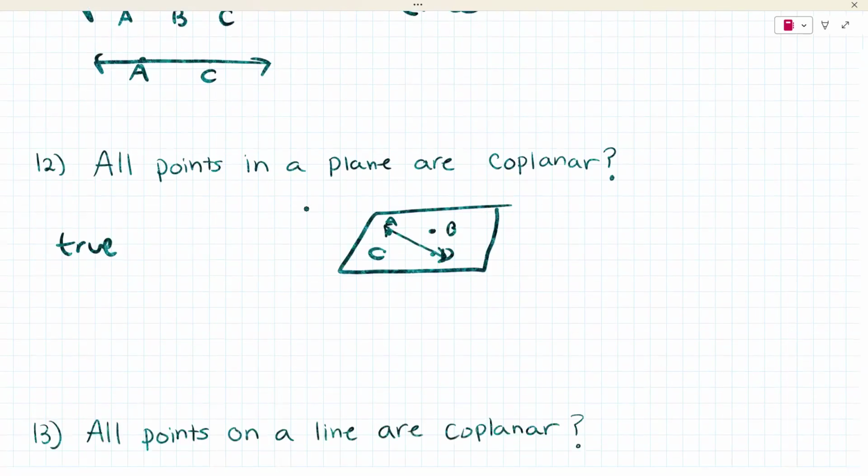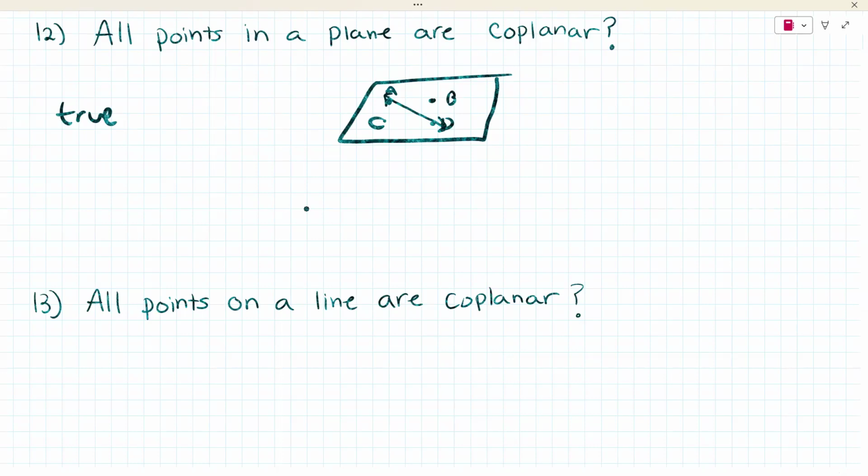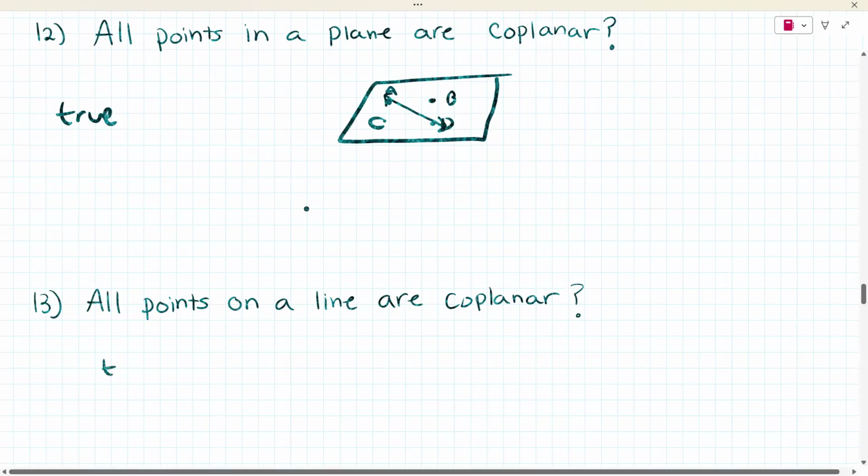Okay. 13, all points on a line are coplanar. Yes, it's true because all points on the line are also in the same plane. So they have to be coplanar.